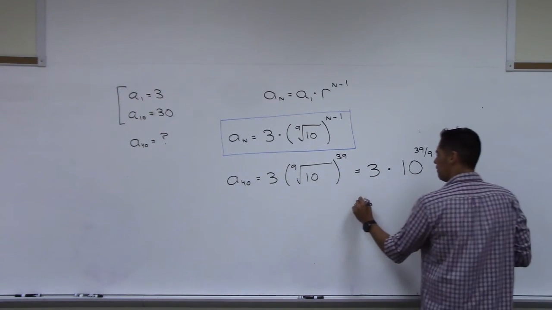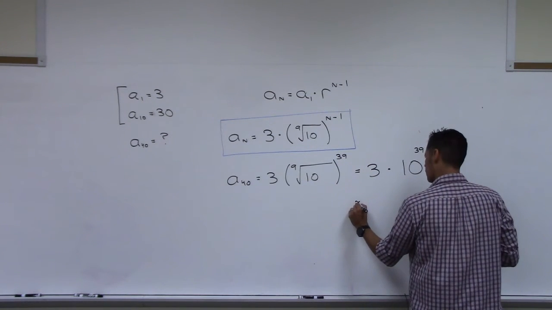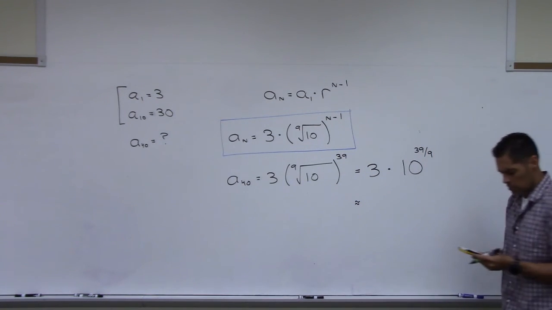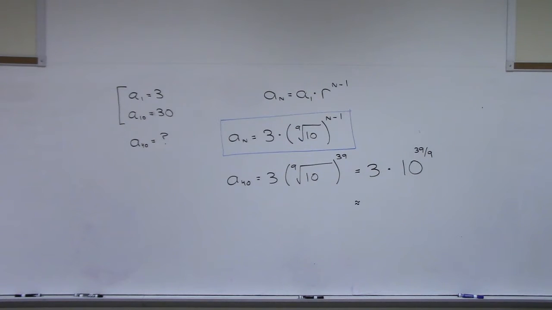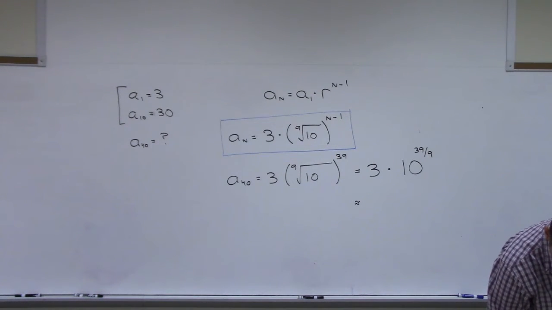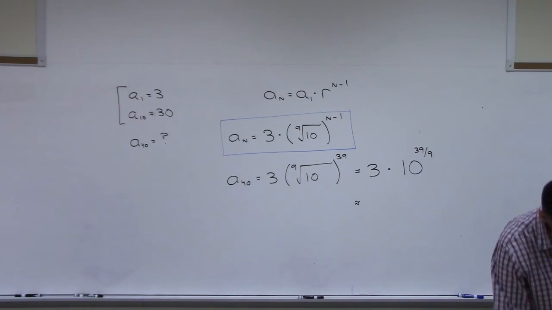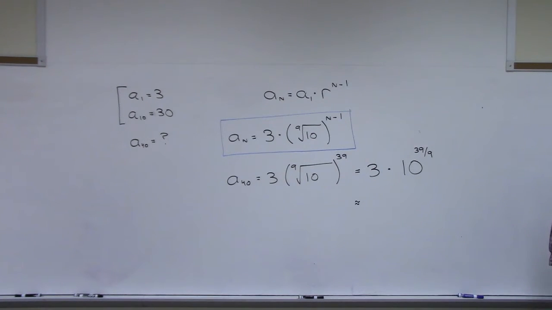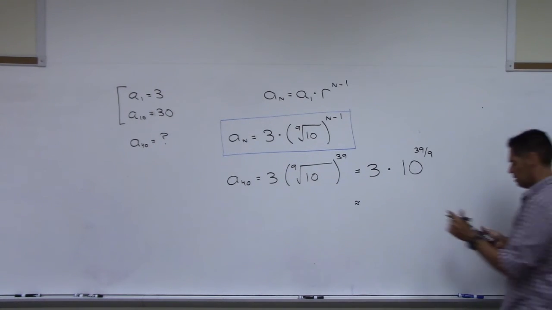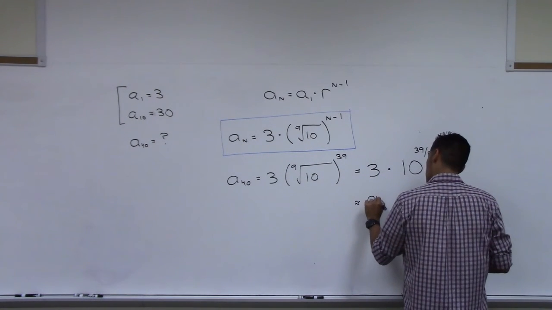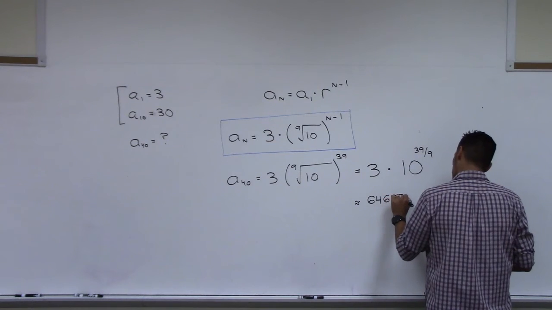Anyone want to share what they got? 1.216. I'm getting something else. Yeah, but you said you got 1 point something, right? 64,633.